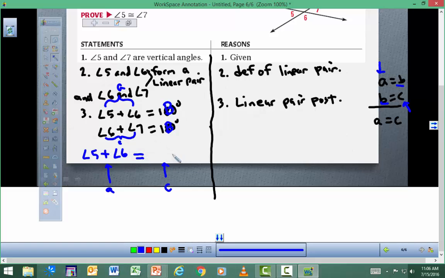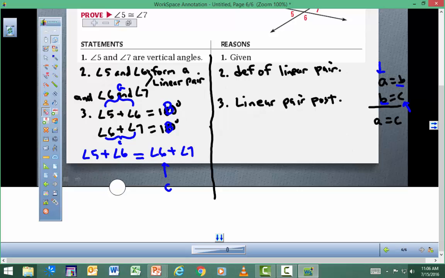And so that is going to go right here. Angle 6 plus angle 7. Now I'm just going to clean things up a little bit. Hopefully you could recognize the transitive property there. We just did this setup again. So the reason that I can do this step 4 is the transitive property.